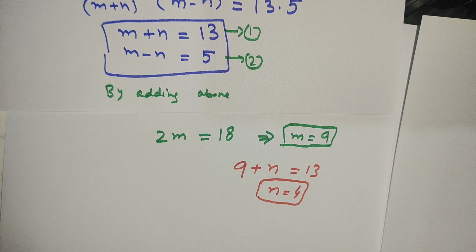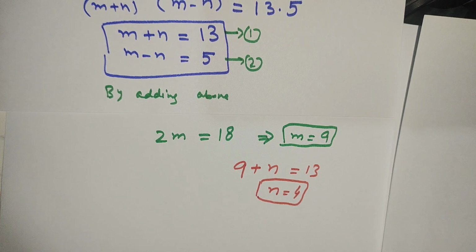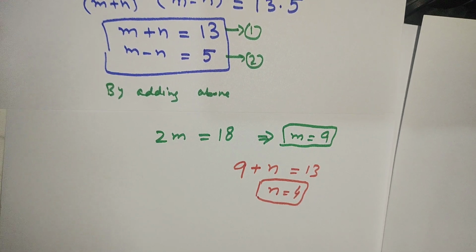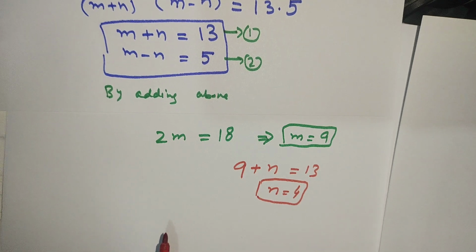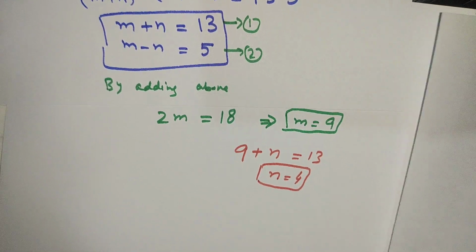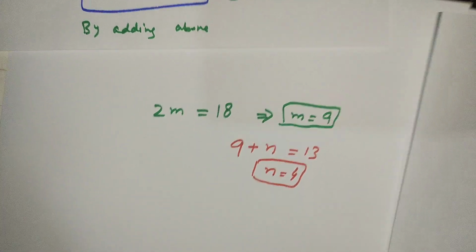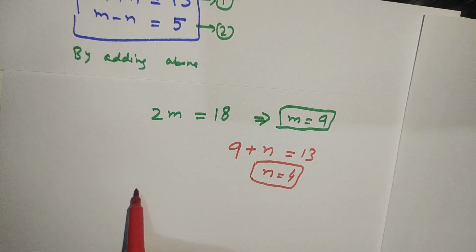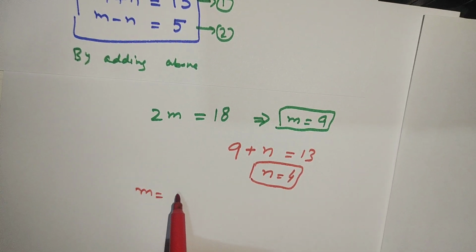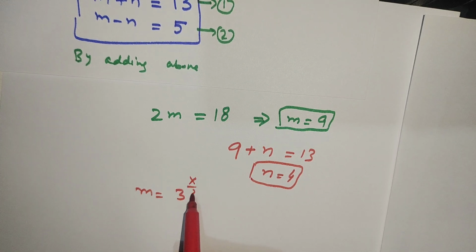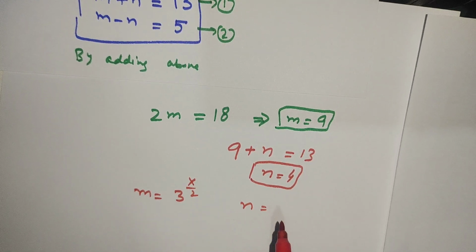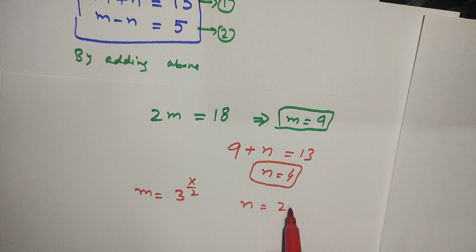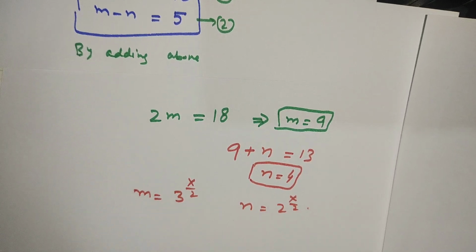By putting these values in our original expression, we have m equal to 3 raised to power x over 2 and n equal to 2 raised to power x over 2.